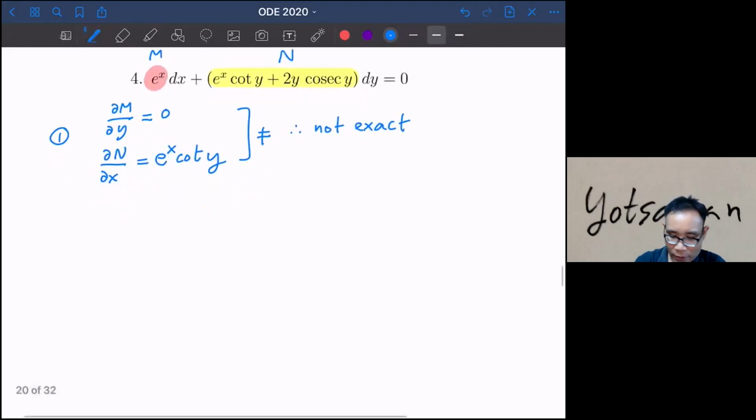So for this one, you have step number 2.